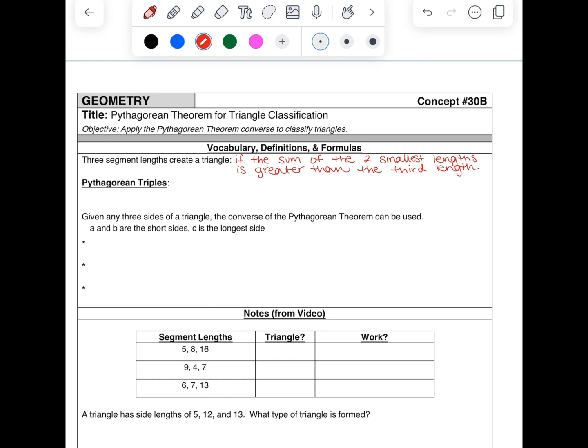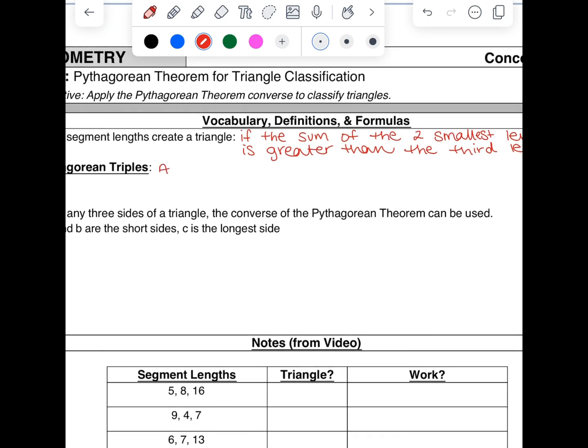The next definition is a Pythagorean triple. This is a set of three integers whose lengths will always make a right triangle.